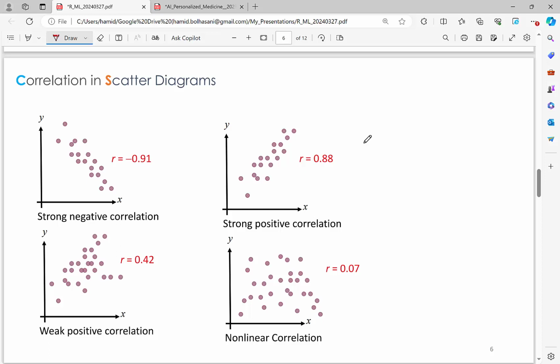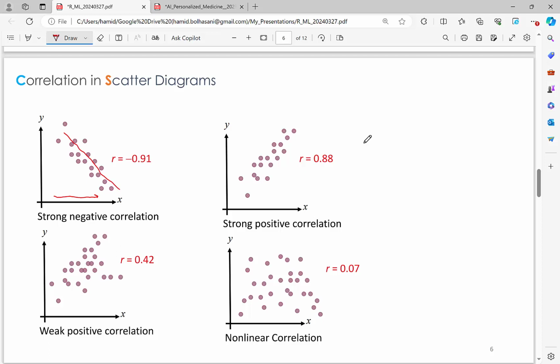We have 4 cases here. In some cases we have a strong negative relation. You can see that with an increase of x we have a decrease of y. So it is a strong negative relation. In some situations we have a strongly positive correlation.